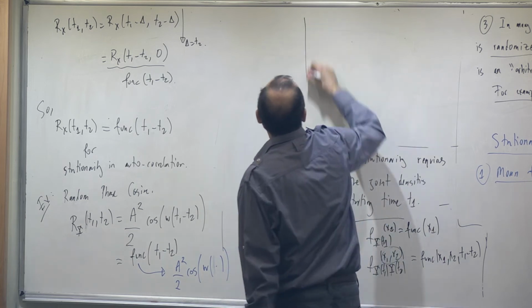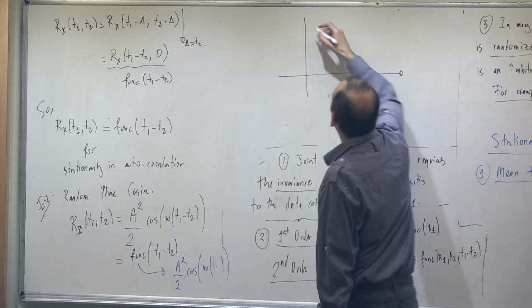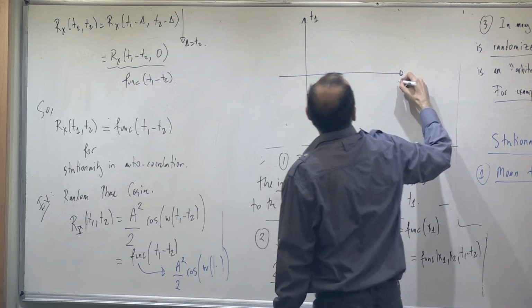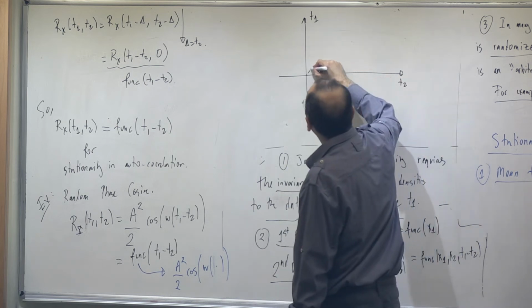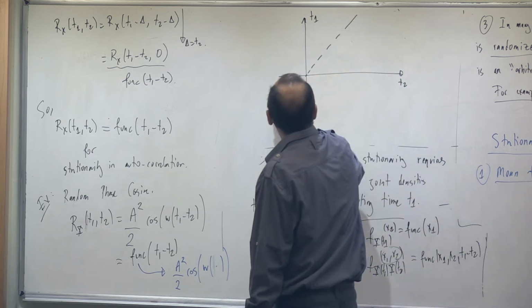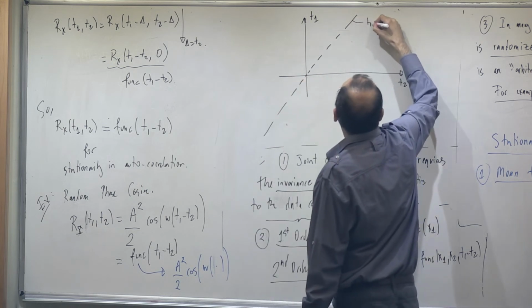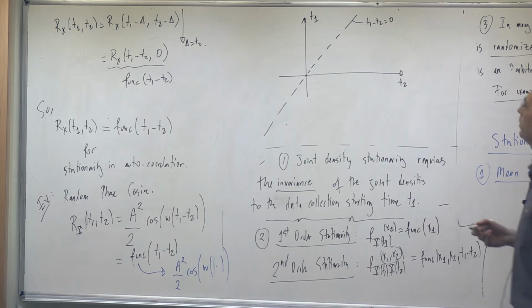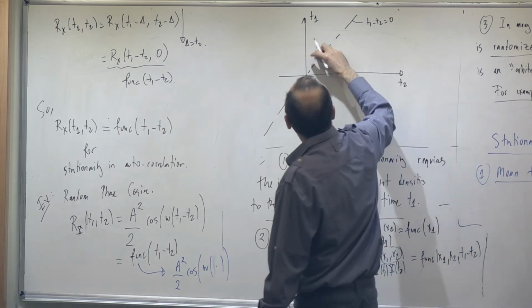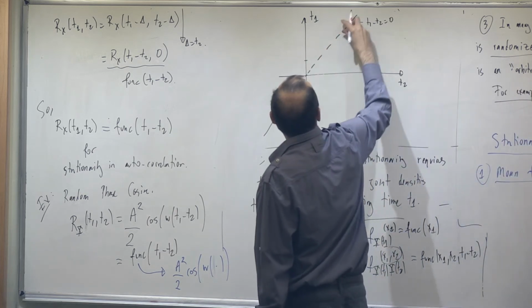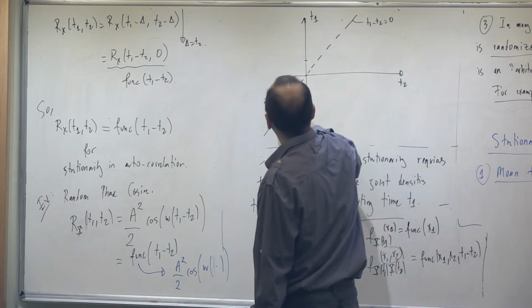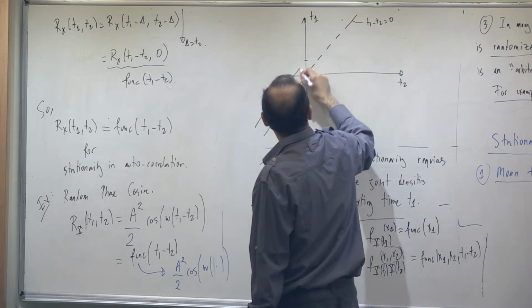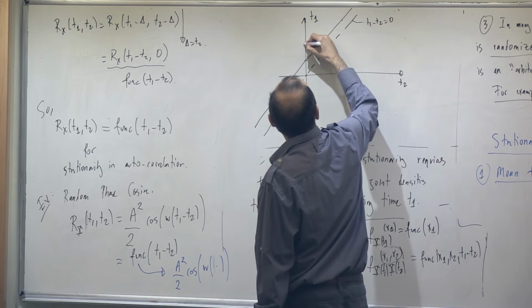For example, let me draw some straight lines. T1 minus T2 is equal to 0. It is this line. Let me have a line parallel to this, and one more line.